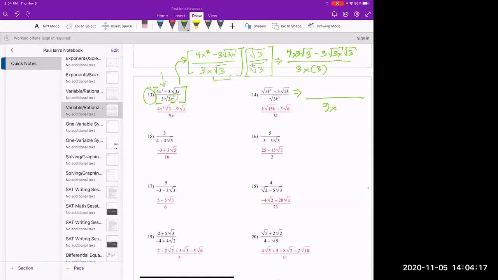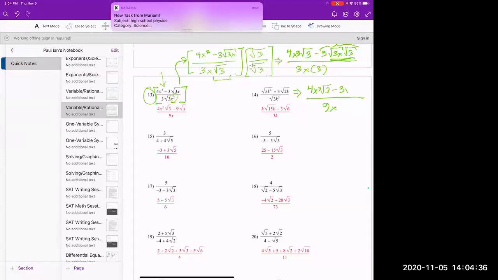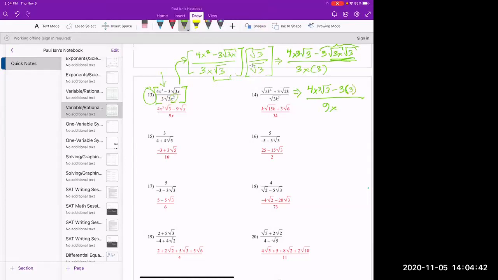Combine like terms. Yeah. So it's 4x root 3. You can't really do anything with that one. But here you can do something, right? Minus 3, and then root 3 times root 3. That's just 3, right? Yeah. So you times it by 3, but you still have root x, right?